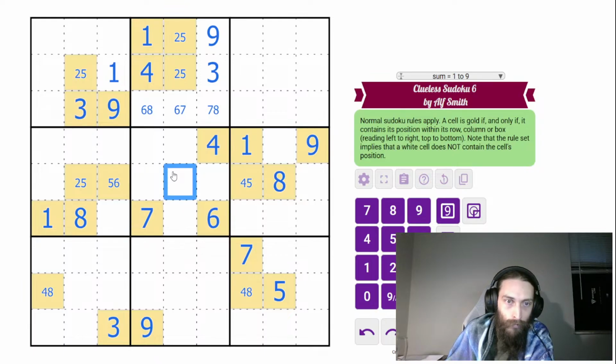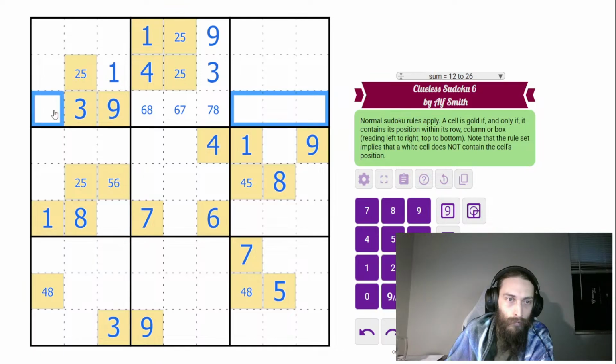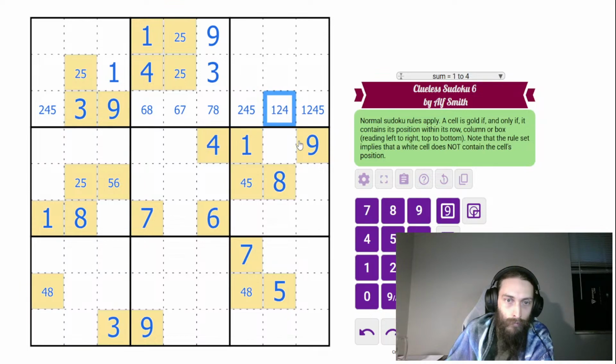6, 7, 8 triple in box 2. 1, 2, 4, 5. Not really very helpful. Yeah. Because I don't think anything overlaps.